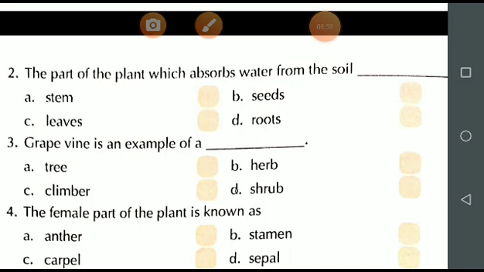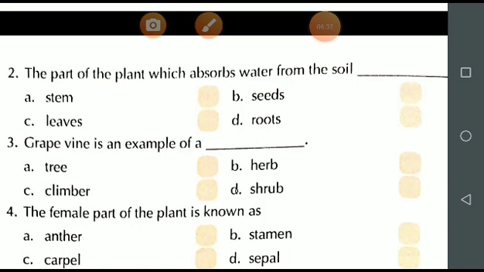Do you remember when I explained the parts of a plant, stem is the part of the shoot and it bears branches, leaves, buds, flowers? And the second option is seed. From the seed, new baby plants come out.